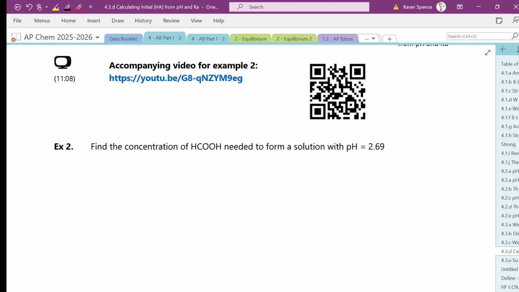Wait, is it always? You don't just write it like instead of just write it. Just say this turns into H plus. You can write like this.